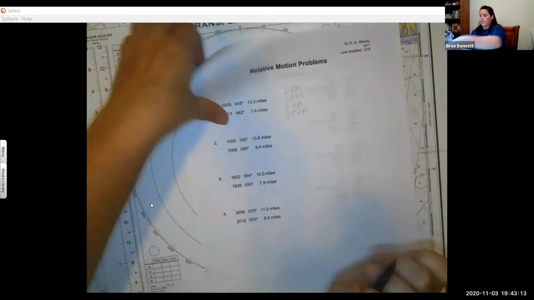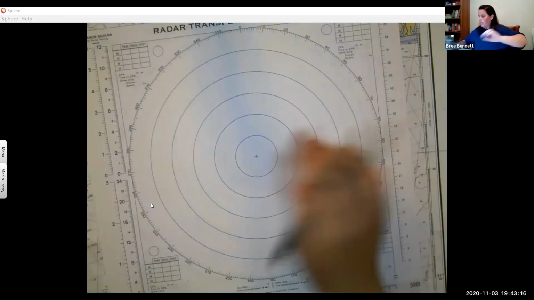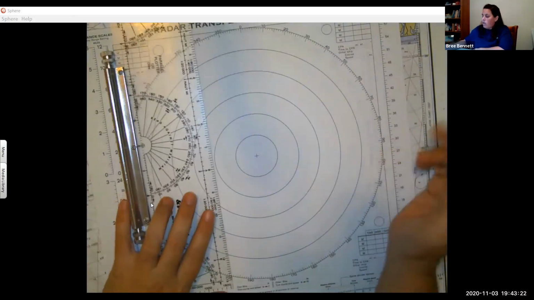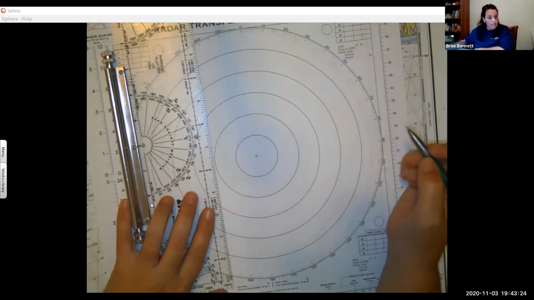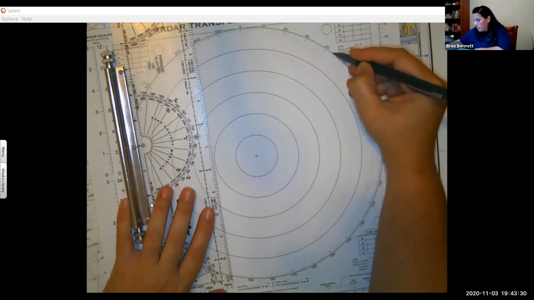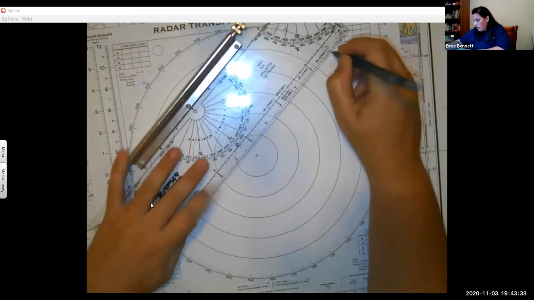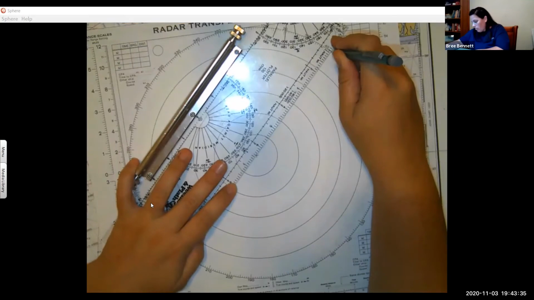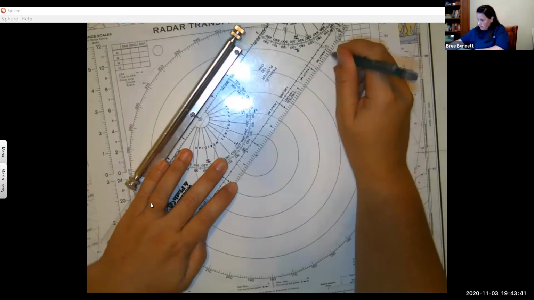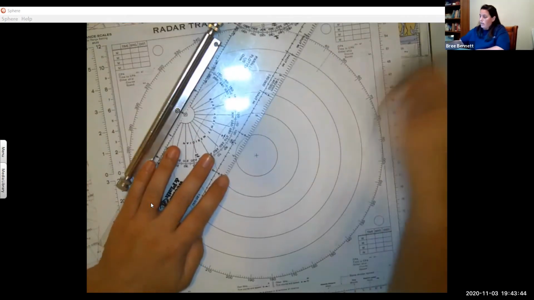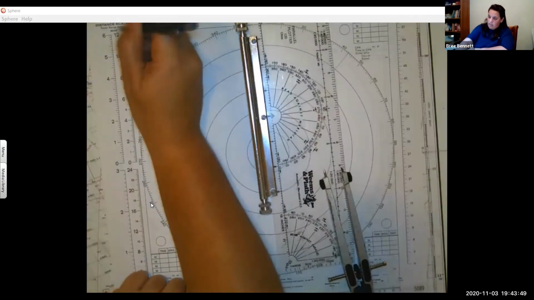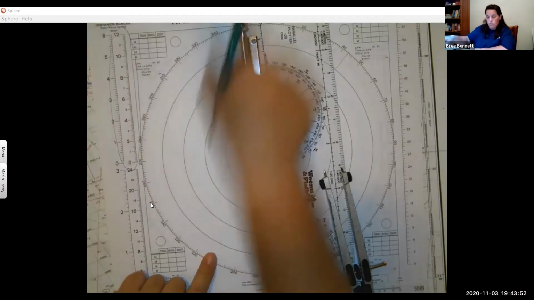Okay, so let's plot that. I will use the roll plotter. I think that's what most of you guys use. Our first one is bearing 043, at 10.3 miles. So I'm going to use the 12-mile scale, and circle which one we're using.